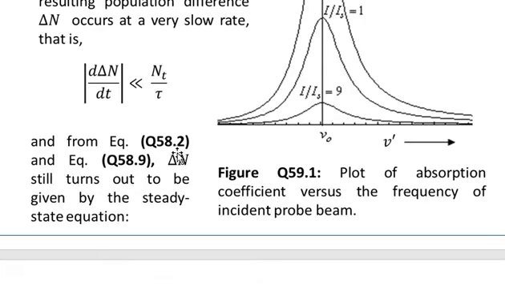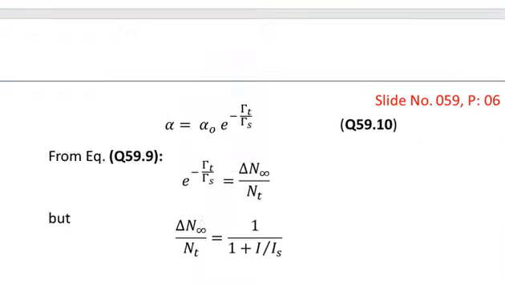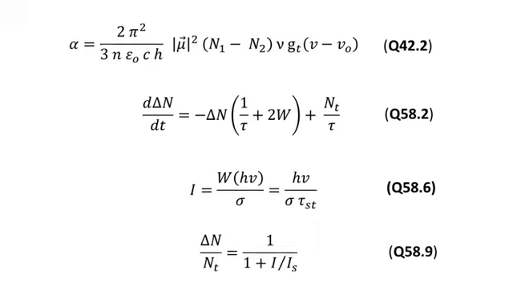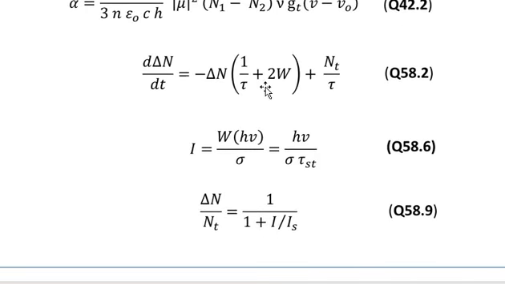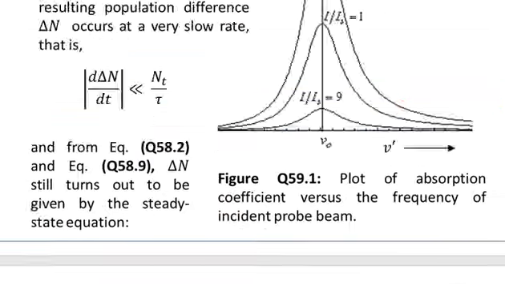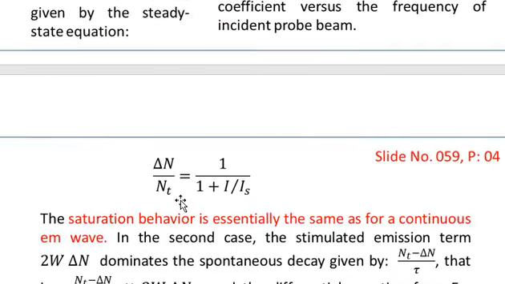I have shown you these two equations from the appendix, 58.2 and 58.9. This is 58.2, which is the differential equation, and this is 58.9, delta n over Nt is equal to 1 over 1 plus I over Is. So if you set the derivative of delta n with respect to time equal to 0, you will get this equation.